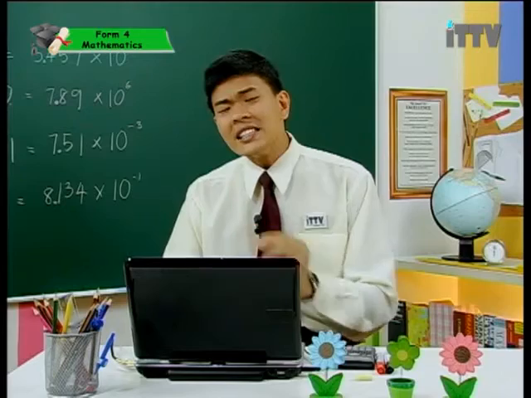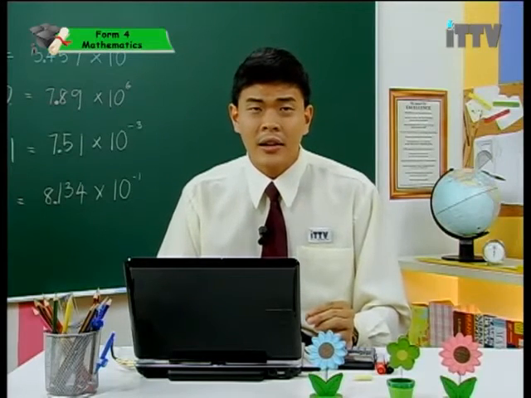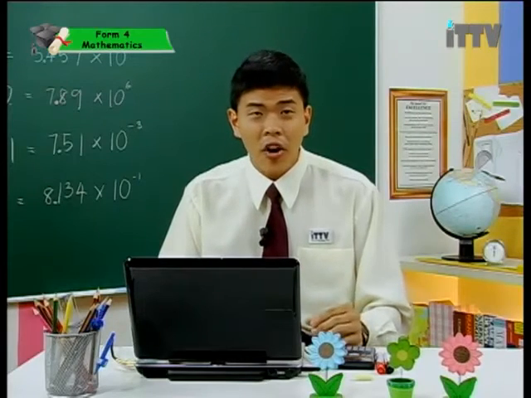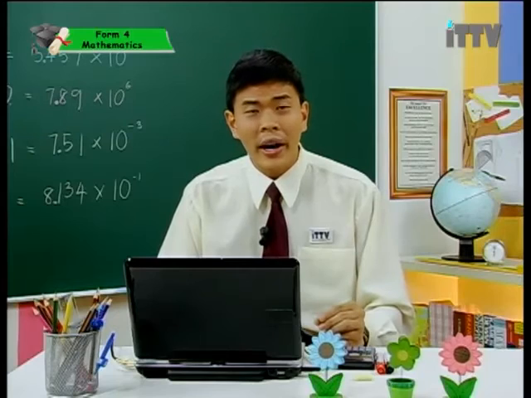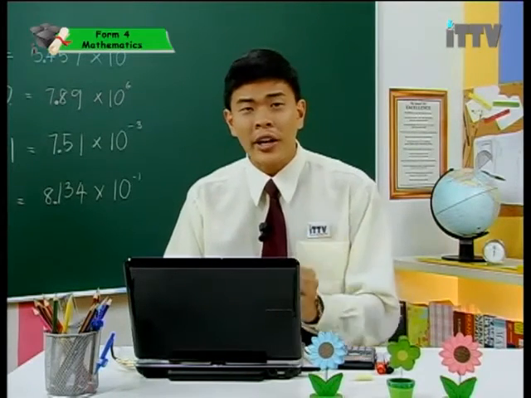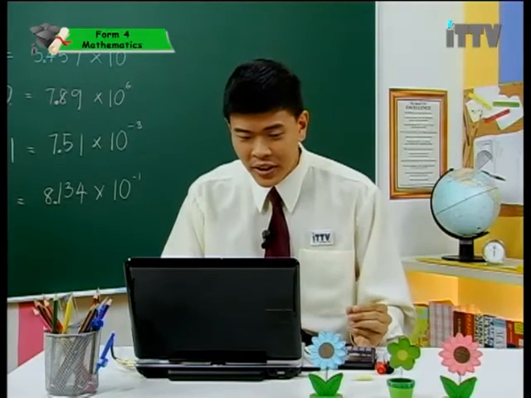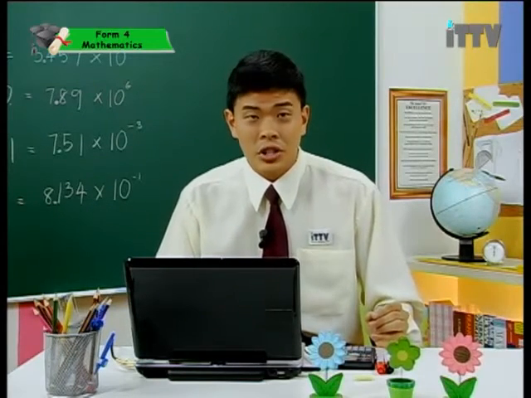6.78. Alright, this is already a number between 1 and 10. So in order to just write it into the standard form, since it is between 1 and 10, we don't have to move the decimal points right or left. It is just 6.78 times 10 to the power of 0.